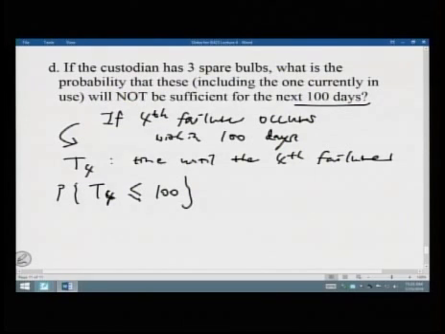Does that make sense? So T sub 4 follows what distribution? The Erlang distribution. Yeah, that is the Erlang distribution.